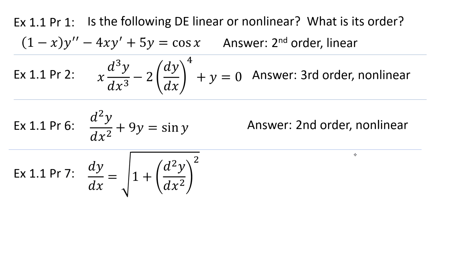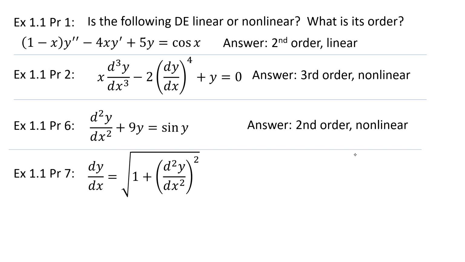dy/dx is equal to 1 plus the square root of 1 plus the quantity d^2y/dx^2. Oh man, Dr. Sam, I know you're trying to trick us now. Yeah, maybe. Hey, wait a minute, I just got an idea.